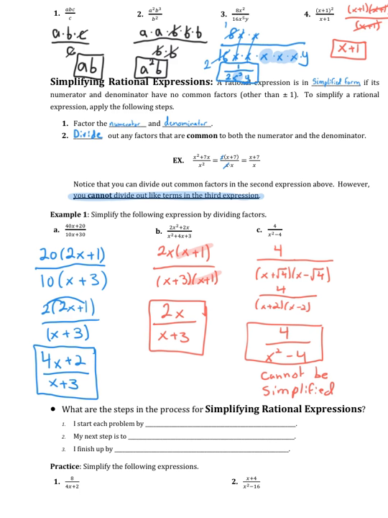Okay, so for part B, we got the x squared plus 4x plus 3. We just had a question on that real quick. If I were to do the box method for that problem, x squared plus 4x plus 3, the only possible factors of 3 are 3 and 1. And because it's a plus 3 and a plus 1, it has to work that way.